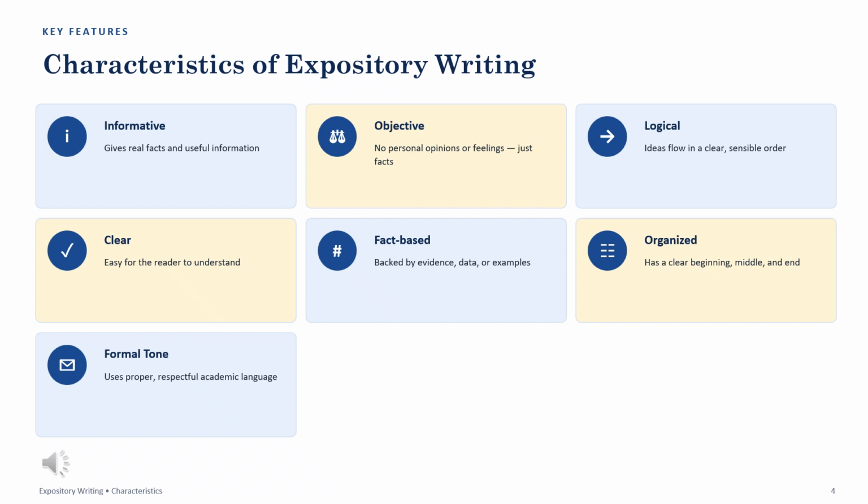Fourth, it must be clear and easy for the reader to understand. Fifth, it is fact-based, meaning everything you write is backed by evidence, data, or examples. Sixth, it is highly organized with a clear beginning, middle, and end. And finally, it uses a formal tone, proper, respectful, academic language. Keep these 7 features in mind as we move forward.